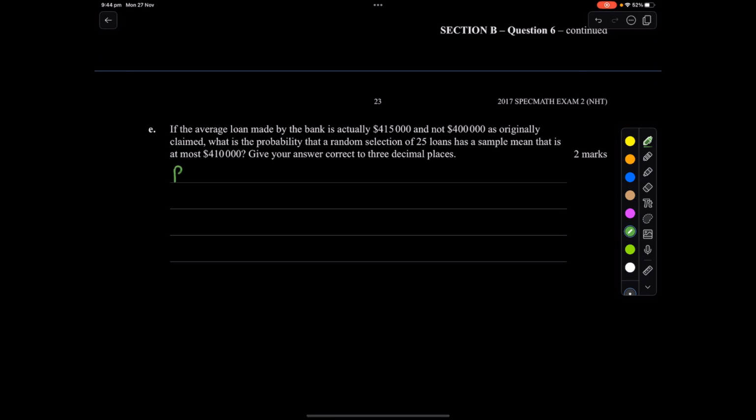So we're saying the probability that the sample mean is at most, so less or equal to 410,000, given our null hypothesis has changed, which is now 415,000. That's what we're using.